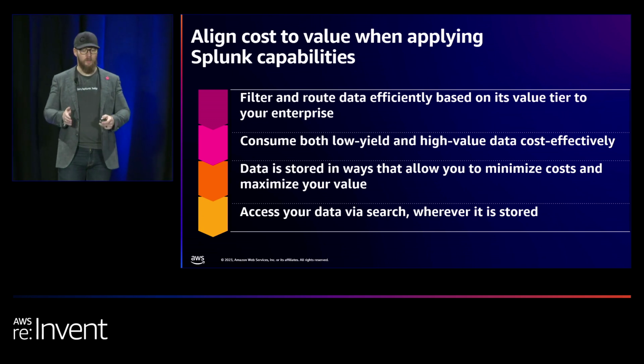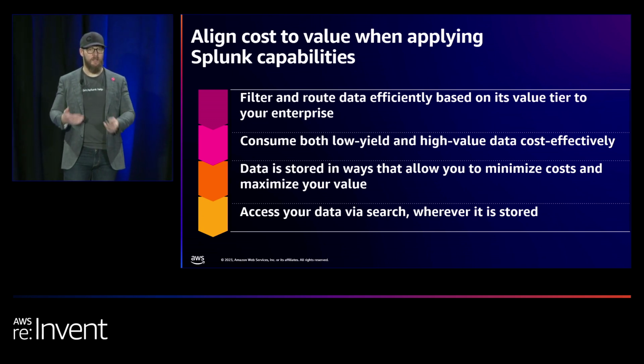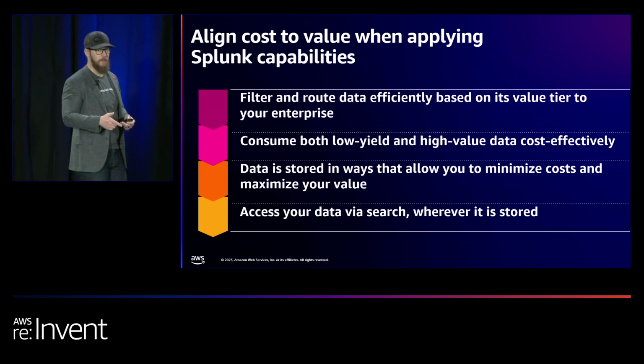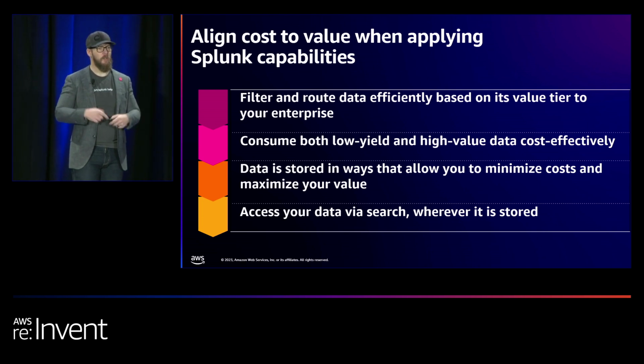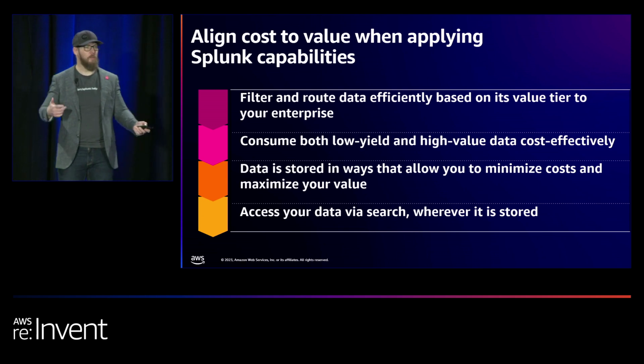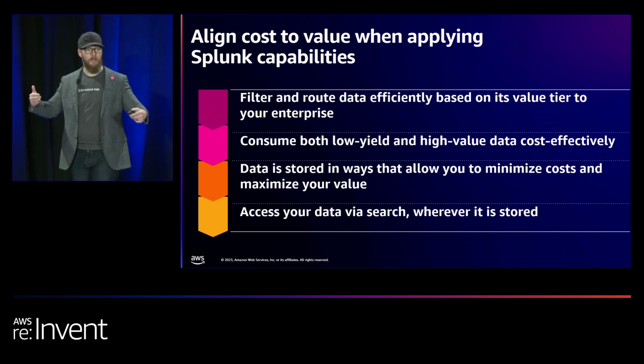Consume both low yield and high value data cost effectively. So what we mean by that is if there's something that is really high value data, put it into the most effective mechanism within your Splunk environment to interrogate it. So if that's something that's a metric that you need out of the box detection or correlation with, or you're going to have those detectors that tell you what normal is or whether you pushed it into prod correctly or you migrated correctly, super high value.